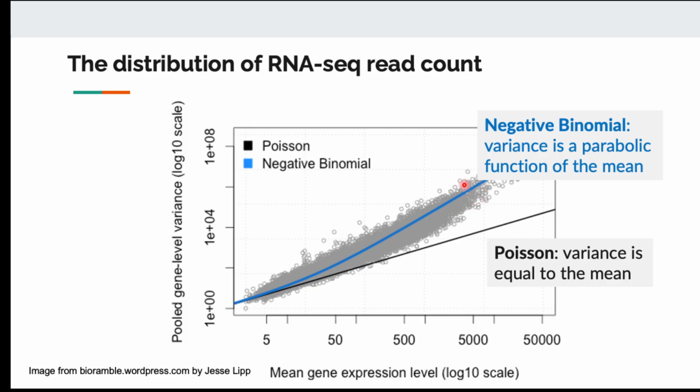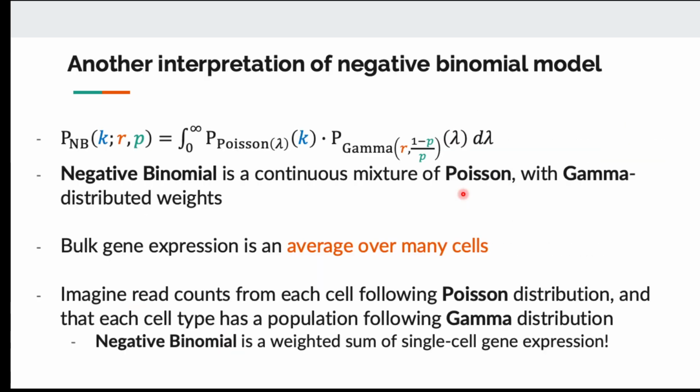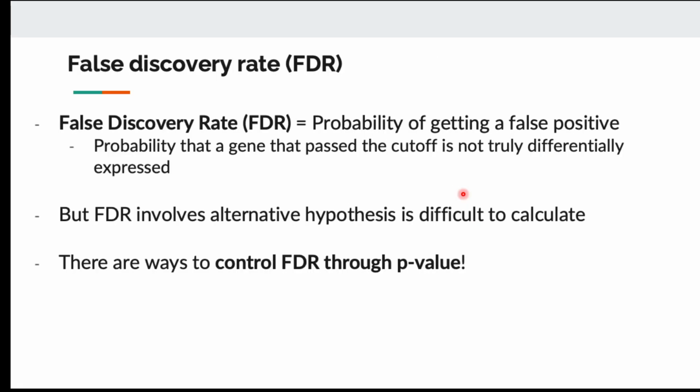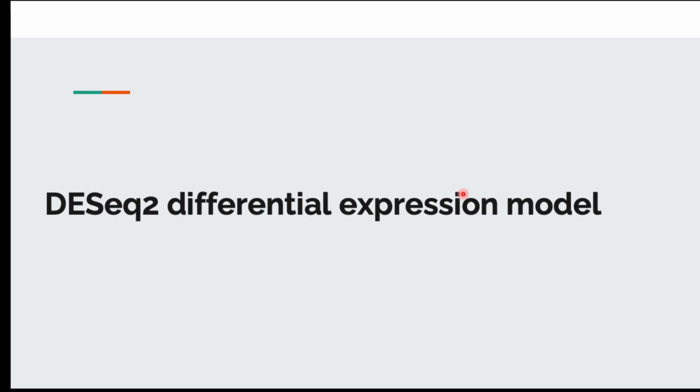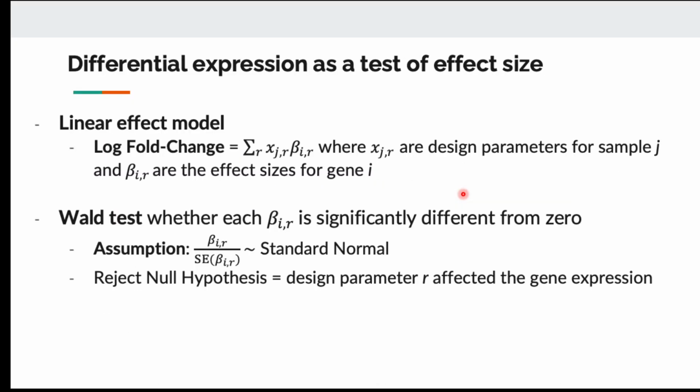So if we combine information across these genes, we get a better estimate for the variance, versus if we calculate the variance for every gene, we get very scattered, very diverse estimates. So this is the principle that the DE-seq tool uses to estimate the variance.